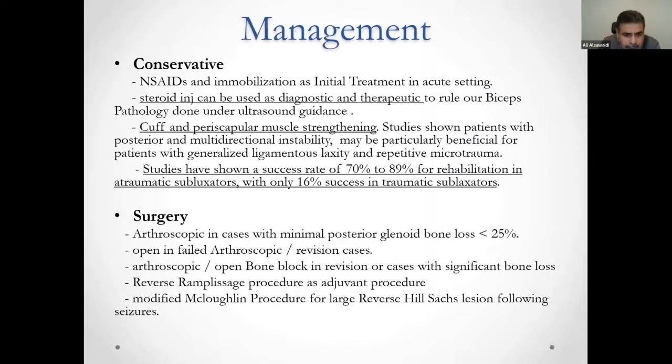Now, recently, more people are talking about open bone block in revision cases with significant bone loss, and sometimes even a reverse remplissage type of procedure as an adjuvant in someone with some bone loss and a large reverse Hill-Sachs.